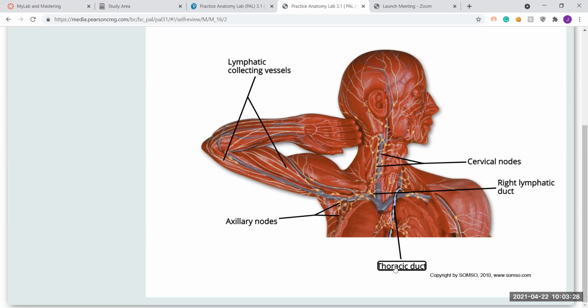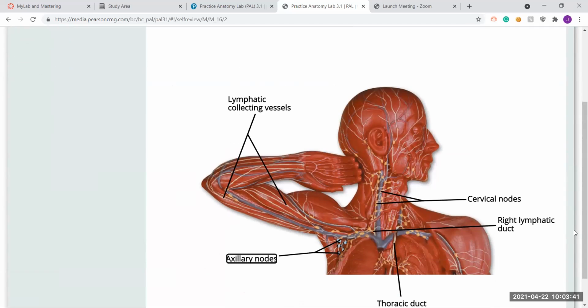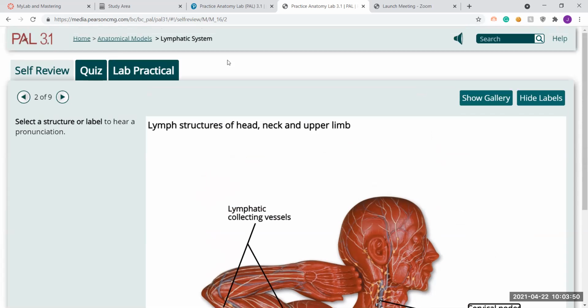If you check the lecture, you're going to see the color diagram there. So all these duct vessels are draining lymph tissue fluid from your body back into your heart through the veins.